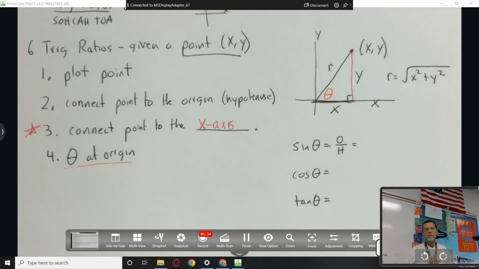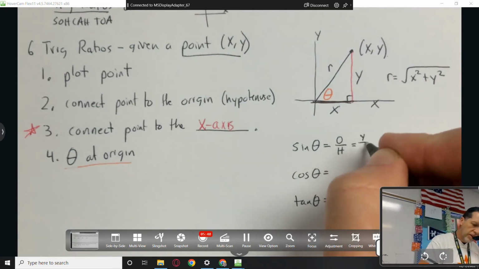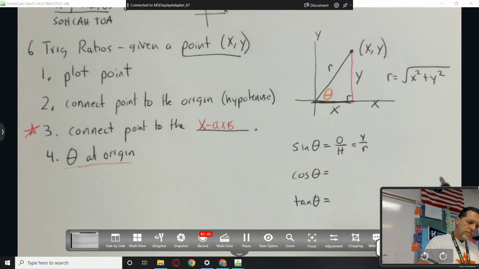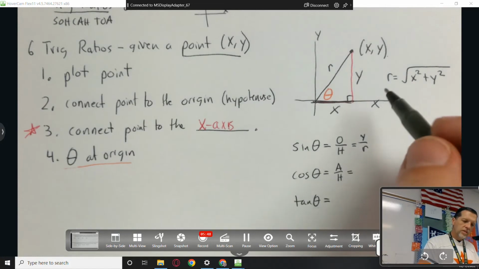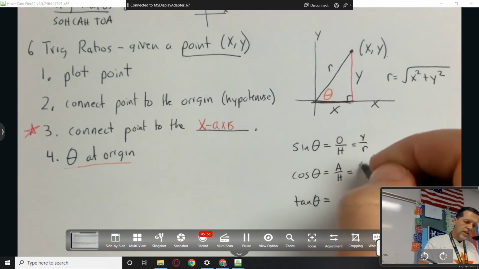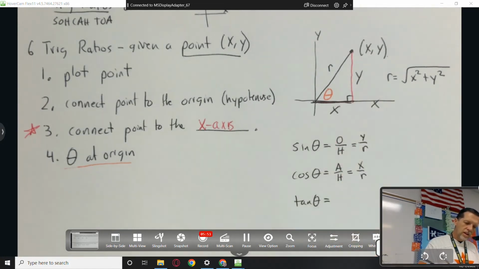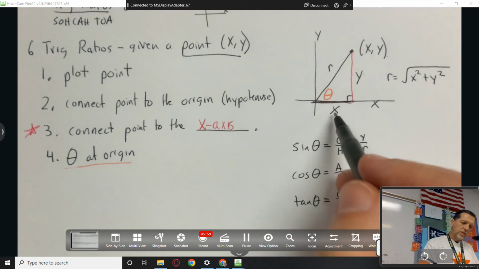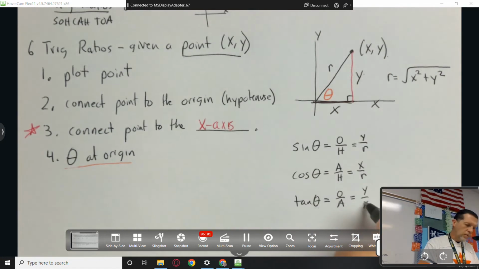What's opposite over hypotenuse in that picture? Y over r. So cosine is adjacent over hypotenuse. So that would be x over r. Tangent, TOA, opposite over adjacent. Y over x.